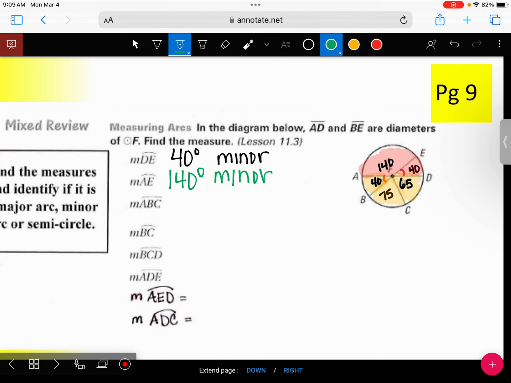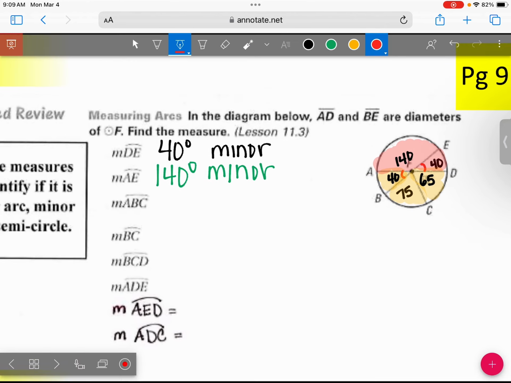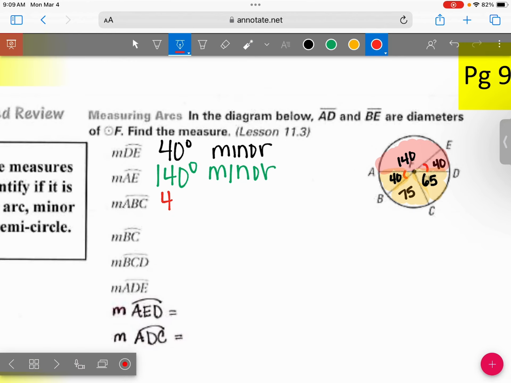Then we go A, B, C. To go from A to B to C, we have to add two angles together, AB plus BC, which is 40 plus 75, which is 115, which is a minor.